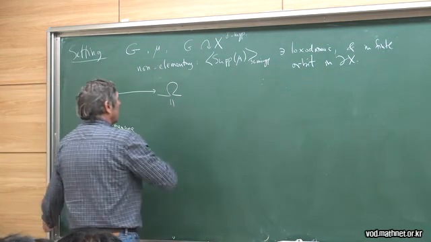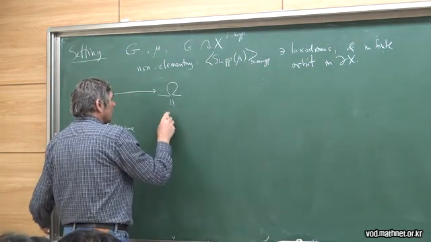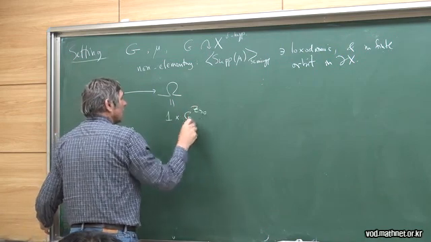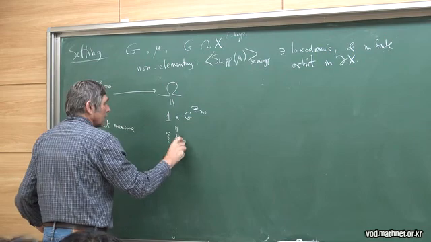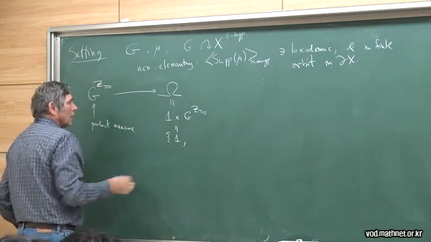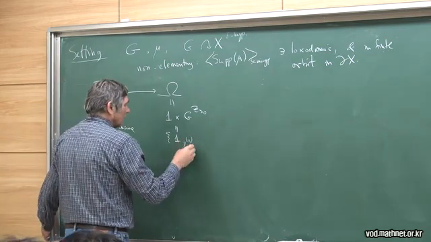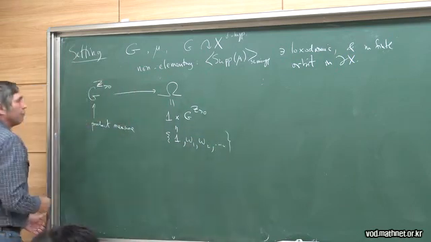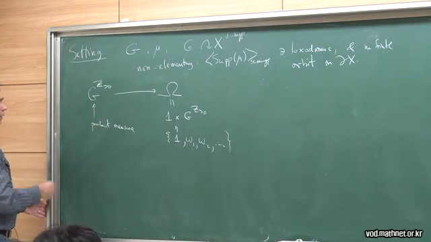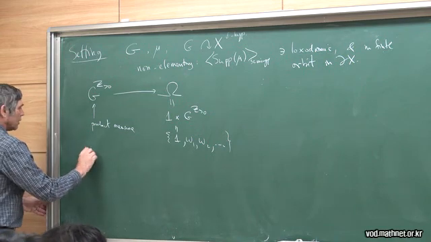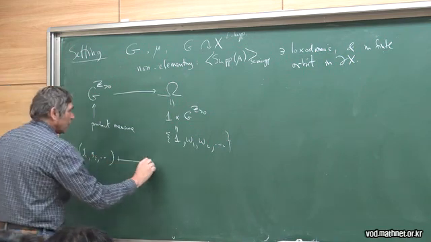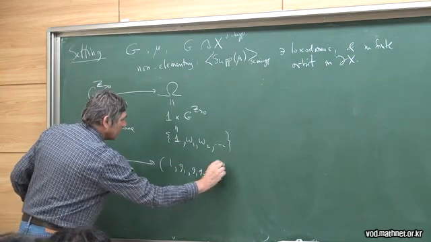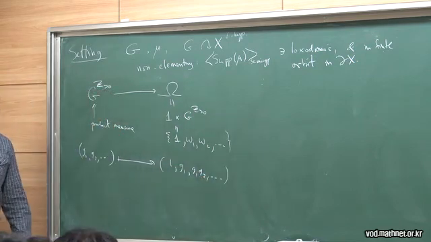I like to think of it as actually 1 cross G to the Z greater than 0. In other words, this is the set of sequences that start with 1, and then it's omega 1, omega 2, and so on. And this map is given by taking g1, g2, and so on, mapping it to 1, g1, g1 g2, etc. Okay, that's the function.